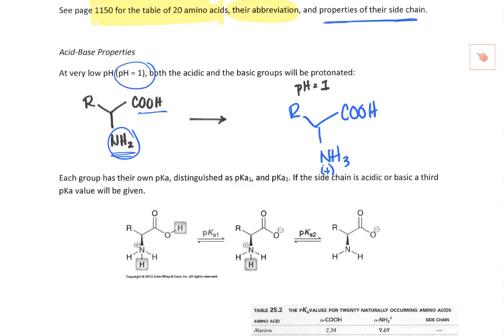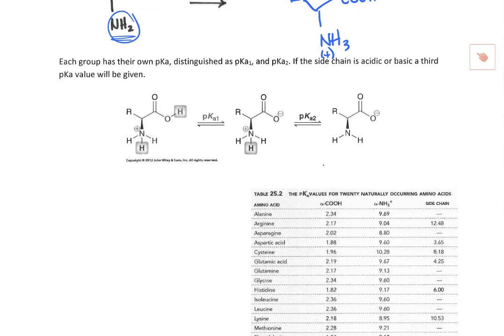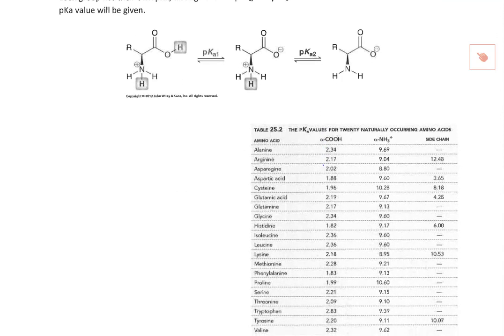And what we're going to find is that each group has their own individual pKa. So in general, the first pKa, the pKa1, is going to be associated with the carboxylic acid pKa, and the pKa2 is going to be associated with the amino's pKa.